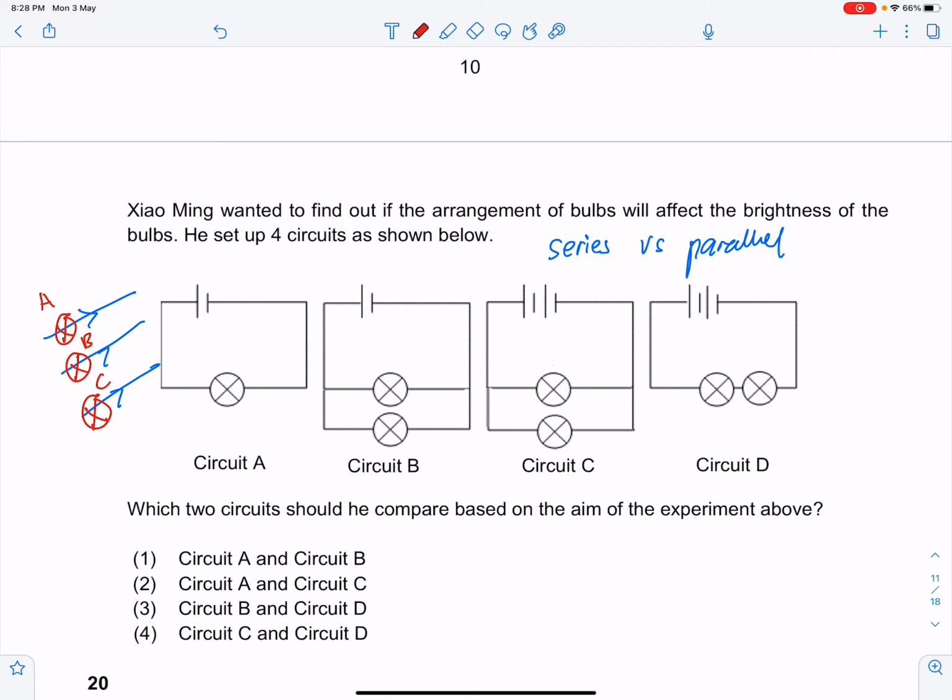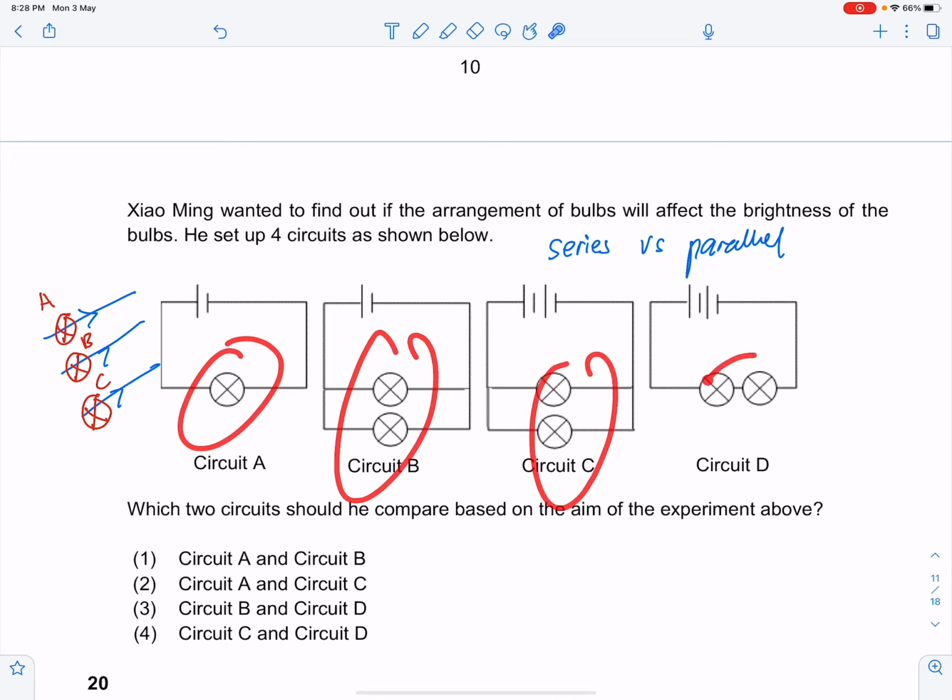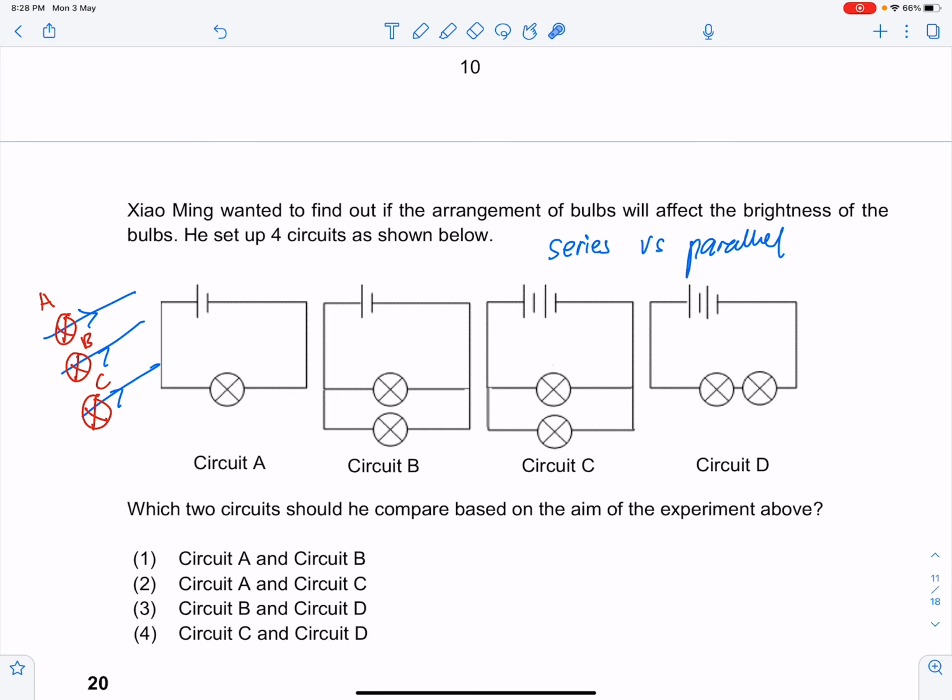Since A is the only circuit arrangement with 1 bulb, everything else has 2, we can straight away cross out circuit A, because we are not looking at different numbers of bulbs here. So A is out. So anything with A, go ahead and cross it out.